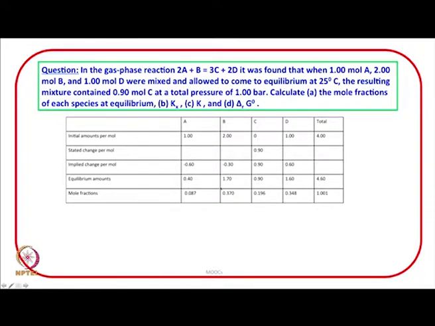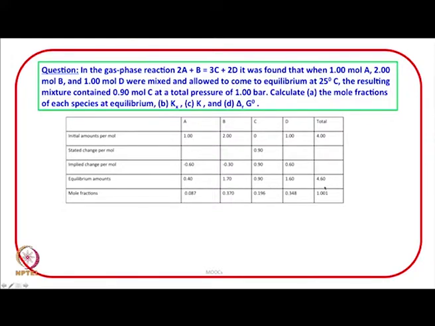A is 0.4, B is 1.7, C is 0.9 and D is 1.6. The total addition of all this is 4.6. And once I know the equilibrium amount and total number of moles, I can calculate mole fraction, because mole fraction will be the number of moles divided by the total number of moles.